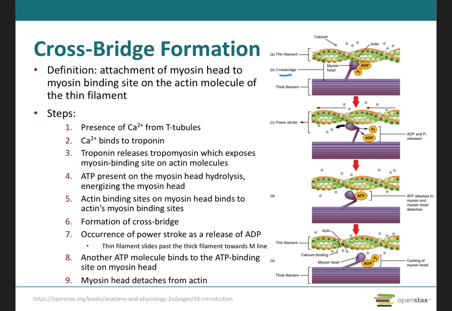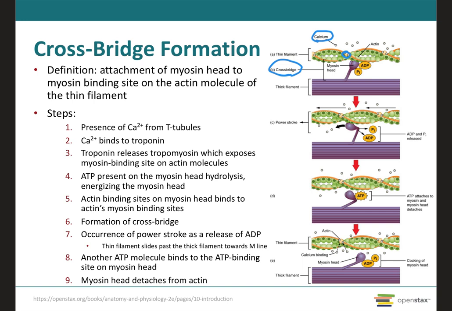Therefore, when the actin binding site of the myosin head is able to bind with the actin molecule, it creates this cross bridge. But for this to occur, the first thing that needs to happen is presence of calcium. So the calcium again is coming from the T tubules. Once calcium enters, it will bind to troponin right over here.